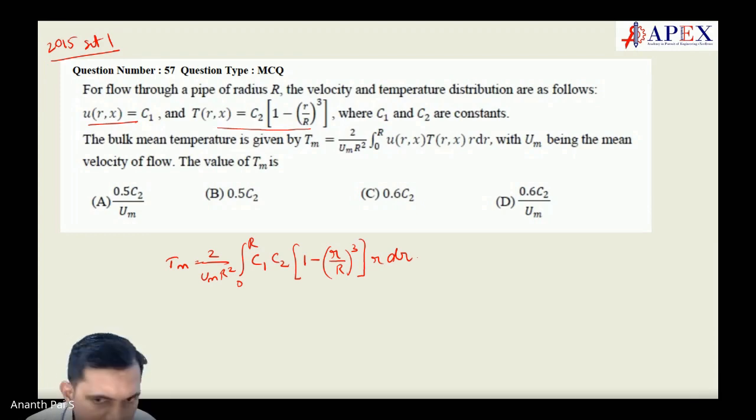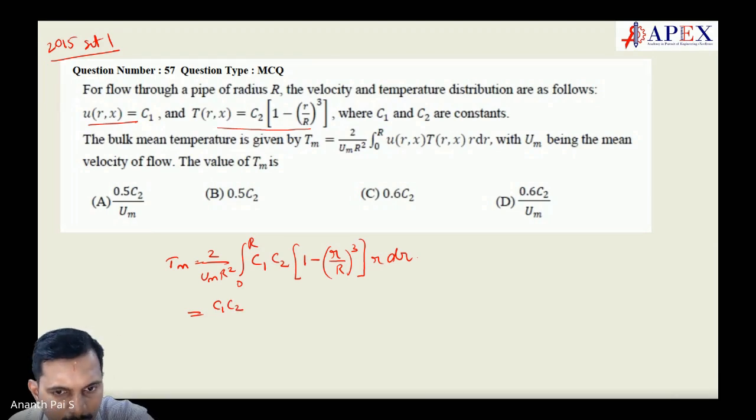So this would give us C1 C2. C2 is given, we do not know what is C2, right? C1, C2 into, we have C1, C2, which is actually equal to mean.